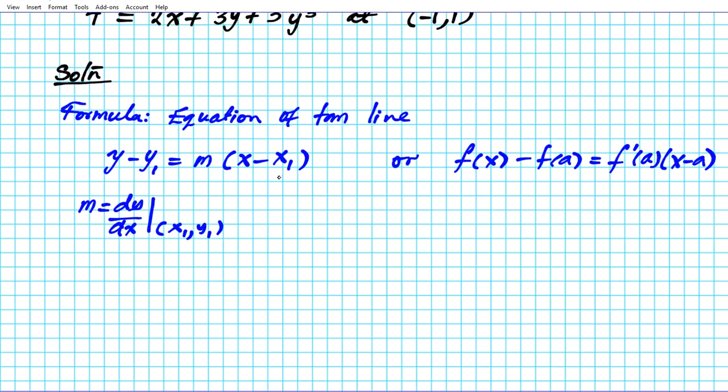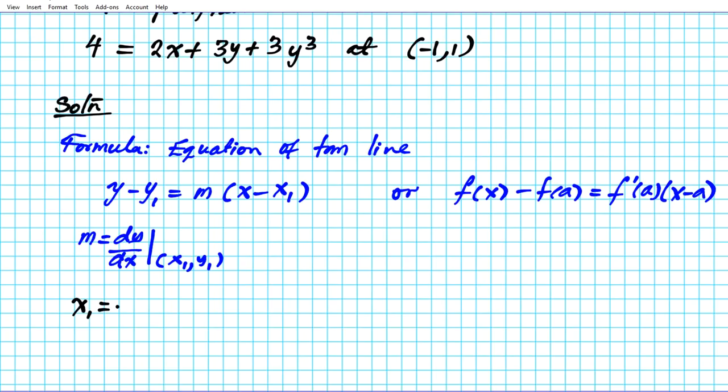Okay, now let's see what we have. We know that x1 is the x coordinate of the point, -1, that's easy. y1 is 1, that's easy. What is m? m is the derivative evaluated at the point of tangency -1, 1. Finding the derivative at a point is a two-step process.